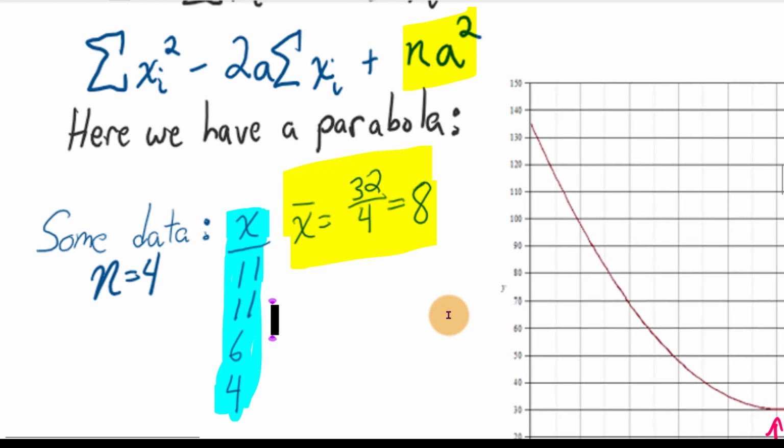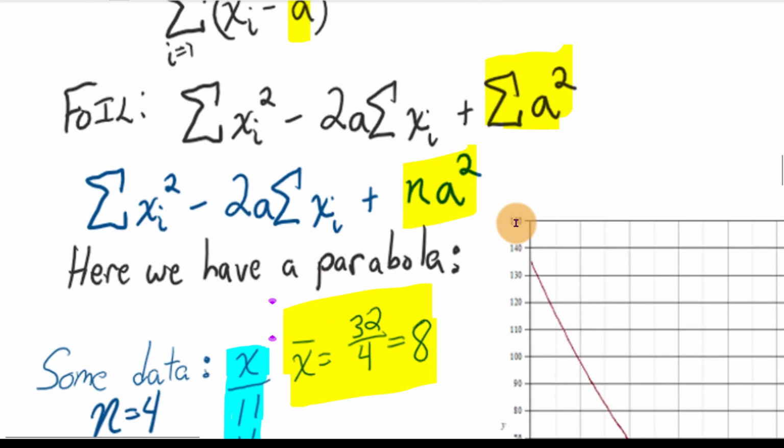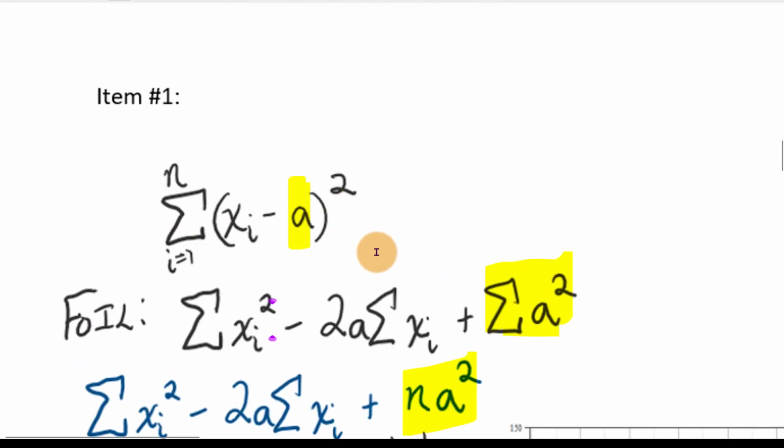So if we have a sample of data and we plug in the sample average, that's going to give us the minimum, the lowest possible sum of squared deviations value possible. And if you pair that together with the idea that we're not really interested in getting the sum of the squared deviations between each number and the sample mean, x bar, what we really want to know when we're calculating an estimate of the variance is what's the sum of the squared deviations from the population mean.